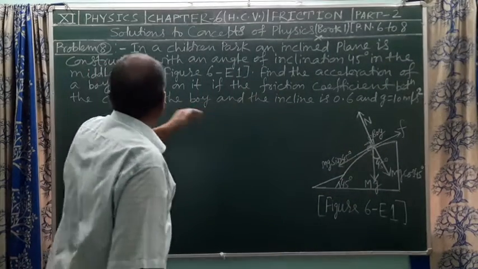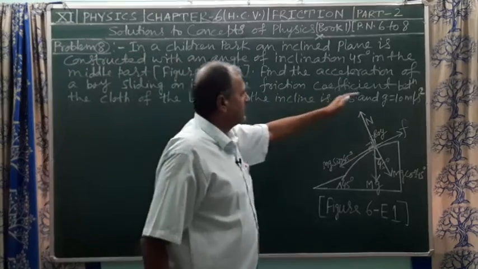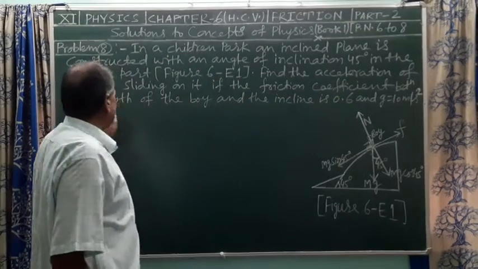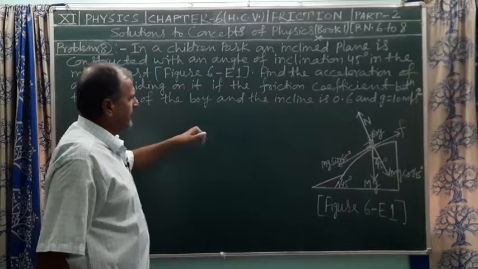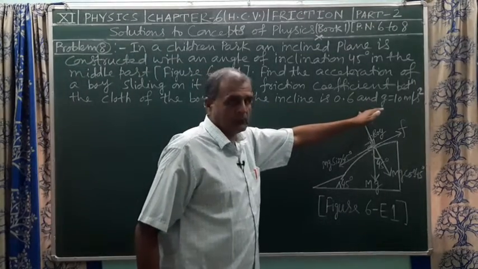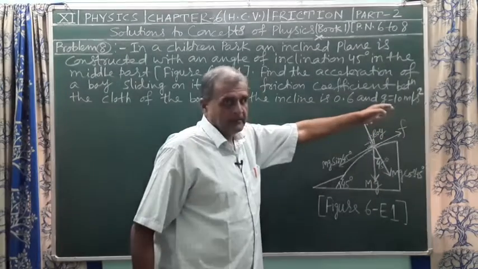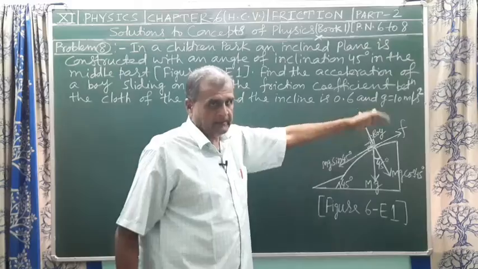Find the acceleration of a boy sliding on it if the friction coefficient between the cloth of the boy and the incline is 0.6 and acceleration due to gravity g is in this problem 10 meter per second square. It is given.